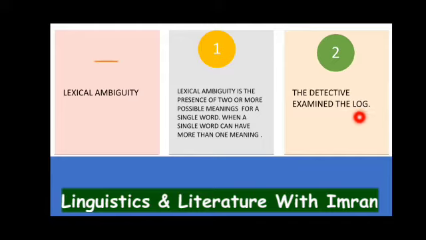A log can mean a thick piece of wood that is cut or fallen from a tree. Or a log can also mean an official record of an event during a particular period of time.